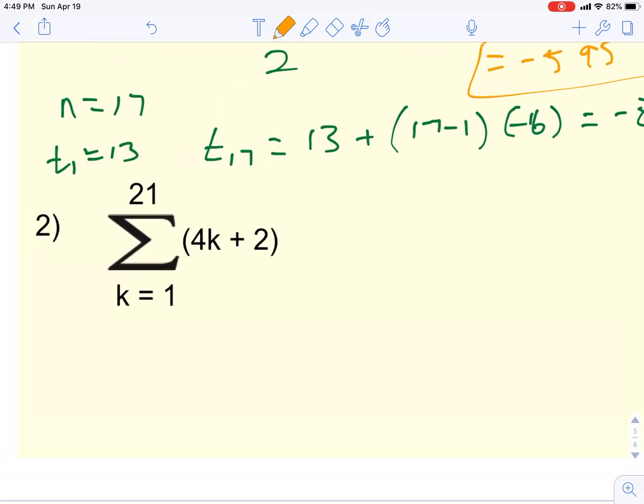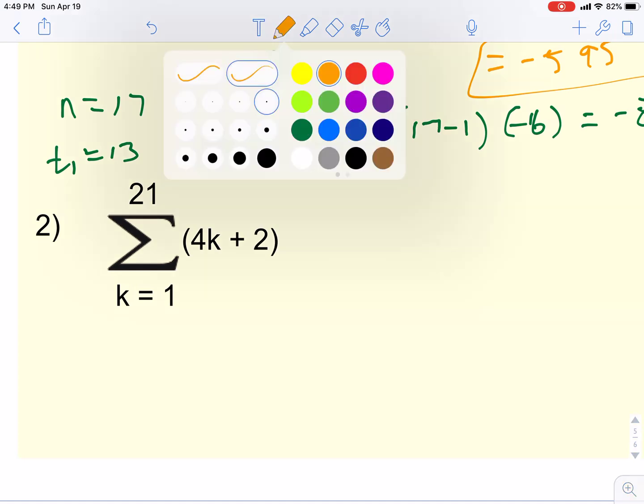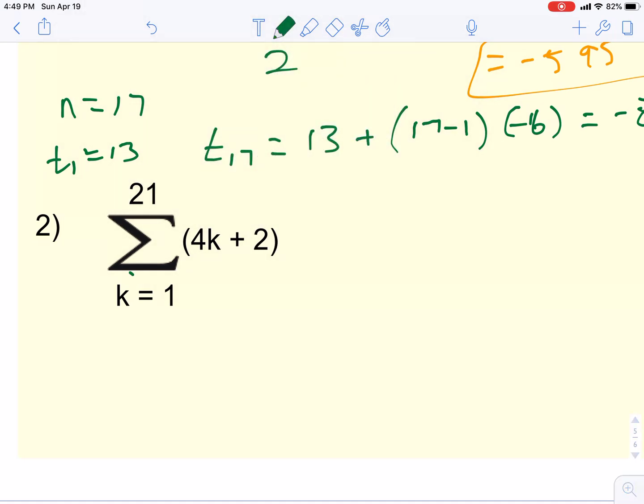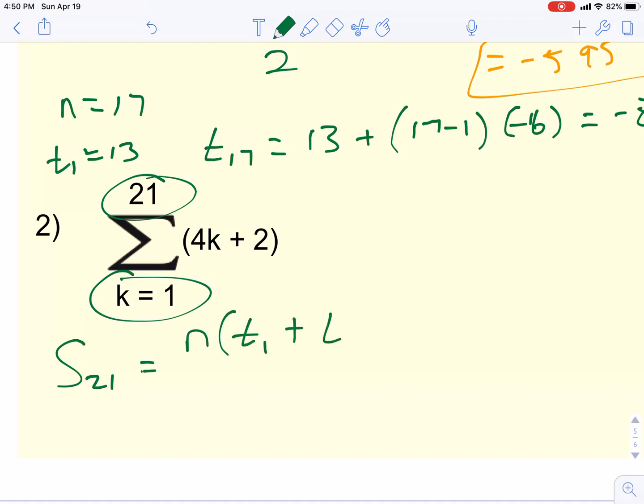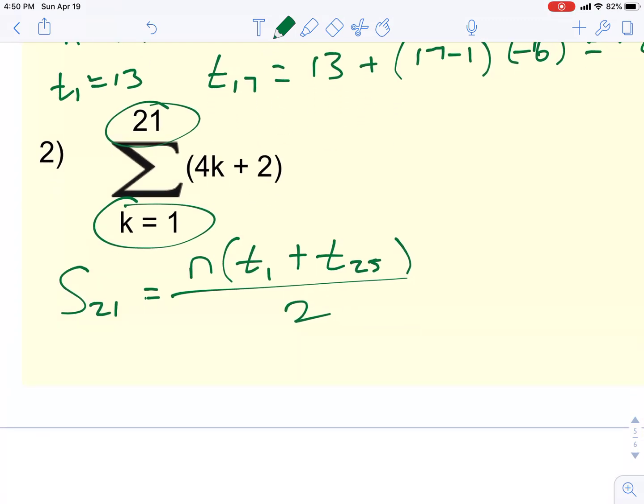Go down to summation notation. We're starting at term 1, going to term 21. So we want to find S21. And again, we need to know term 1 and we need to know term 21. Divide it all by 2. Well, N is 21.